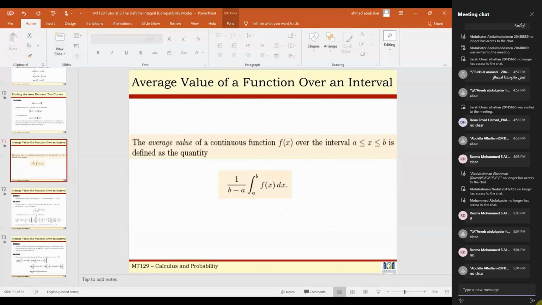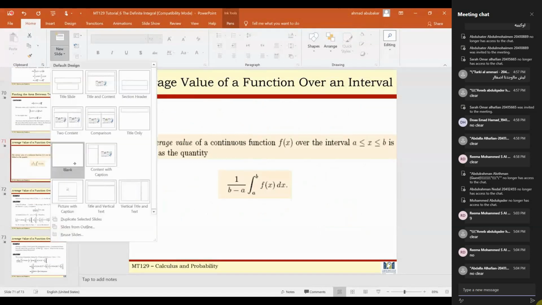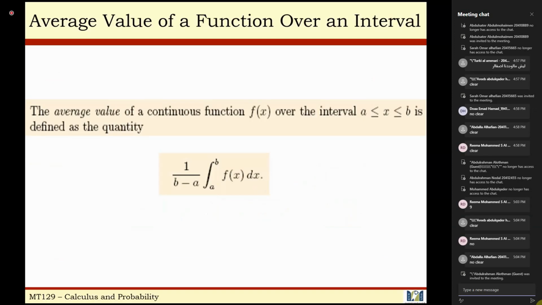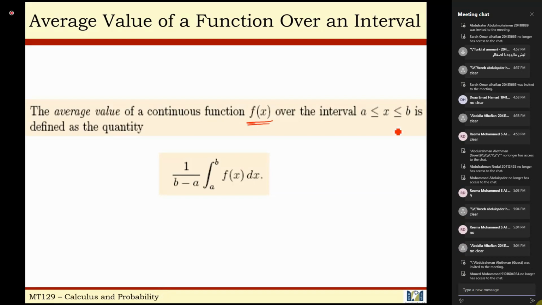This is the average value of any function using this formula. So if we have the function of x continuous and we have interval from a to b and we need to find the average value, the average value is denoted by FAV. FAV means the average of the function f.